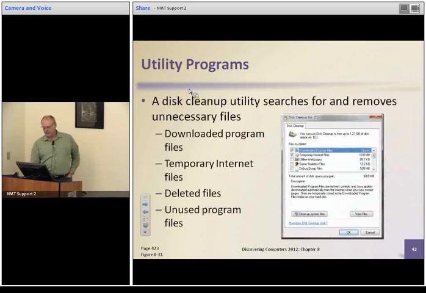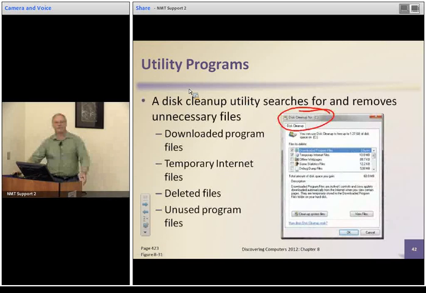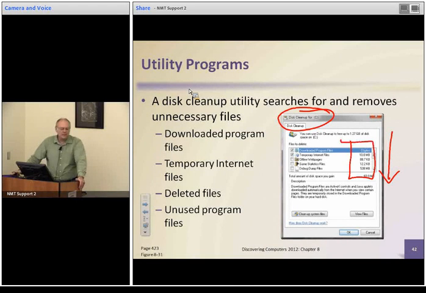Disk cleanup. Well, there is a thing you can run in Windows. If you go to My Computer, right-click on the disk you want to look at. I don't remember exactly how it comes up, but you can click on Disk Cleanup. And it's showing you here how much space is being used and stuff you're not using. It's just there. It's what I call garbage.